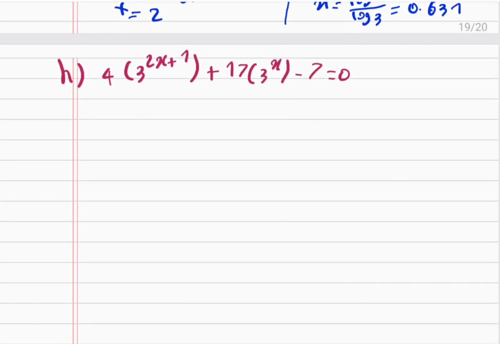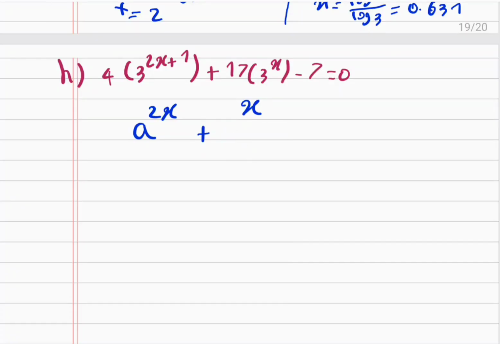In part H, we have this equation, and a very common technique is change of variables. Normally that happens when we have exponential equations in the form, let's say, a to the power of 2x plus b times a to the power of x.